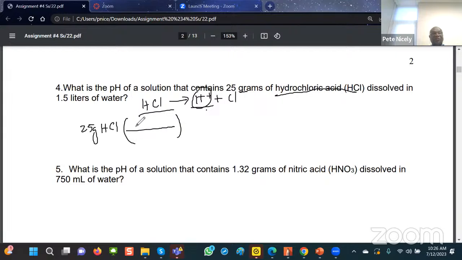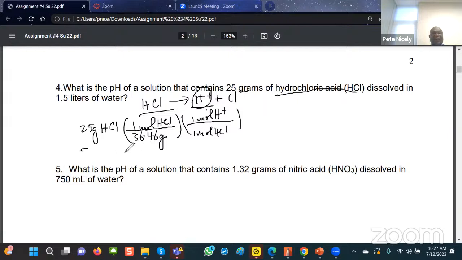So of course, that means you have to multiply by this conversion factor where we have 1 mole of HCl above, and below I'm going to have the molar mass, which is 36.46 grams. And that will give you the moles of HCl. Now, as I said before, there's a 1-to-1 mole ratio between the HCl and H+. So I'm going to put 1 mole of HCl down here and 1 mole of H+ above.